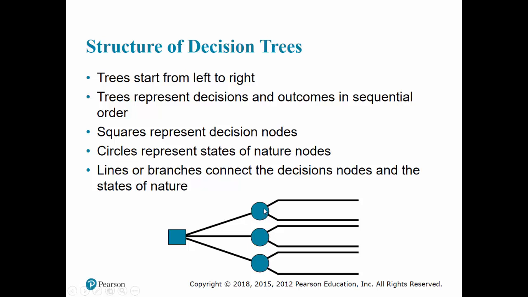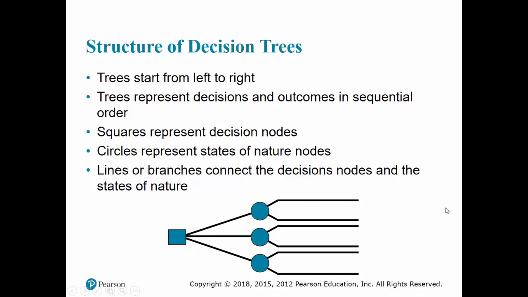Okay, that means there are going to be states of nature coming out, and you'll have probabilities assigned to each of those branches. And these states of nature may lead to either another decision node or maybe another state of nature. So one state of nature node can lead to another state of nature node. That's possible. And so you'll have a tree.